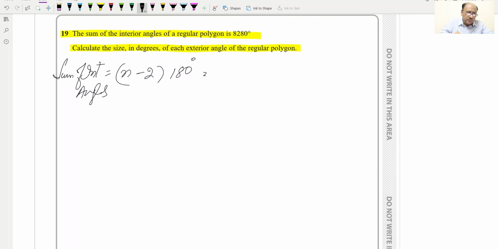This is given as 8280. Now we can find the value of n.